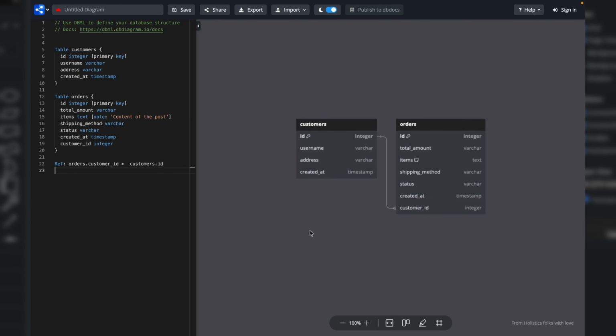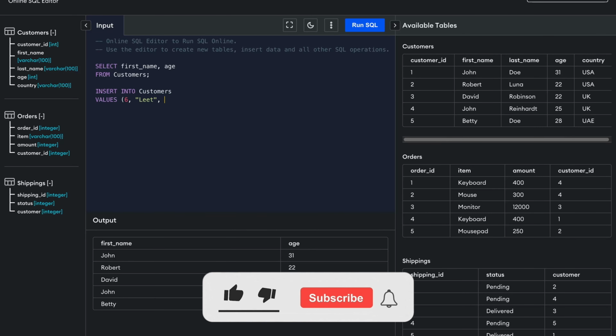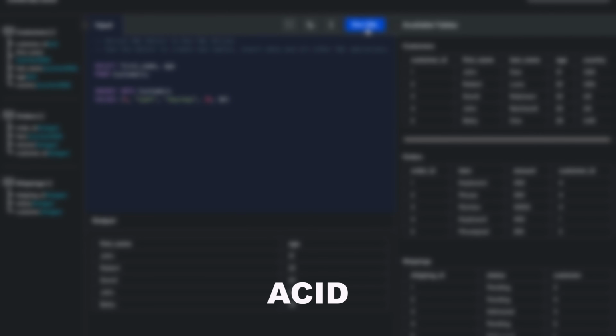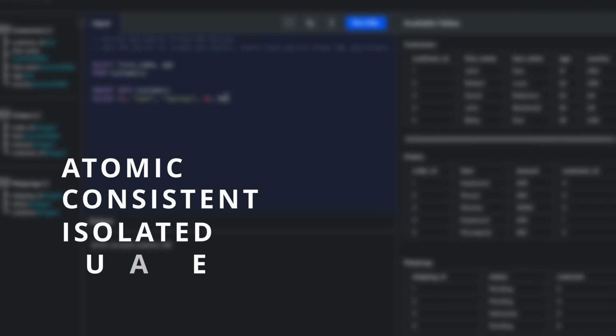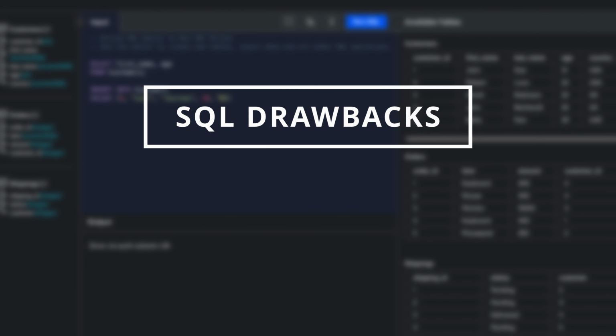We can see that SQL relational DBs have structured data, and it is important that whenever new data is inserted, these constraints need to be maintained. SQL DBs are ACID compliant, which means that transactions are atomic, consistent, isolated, and durable. There are some drawbacks with SQL databases.